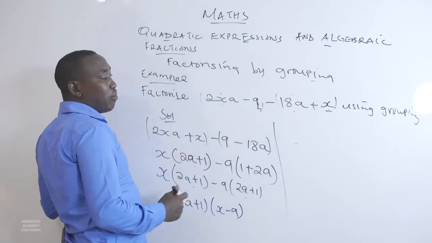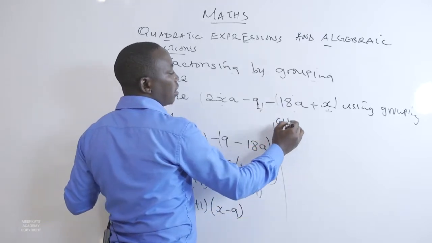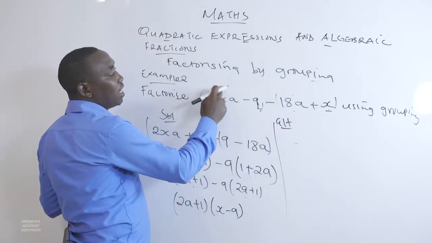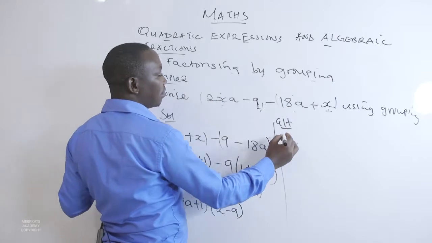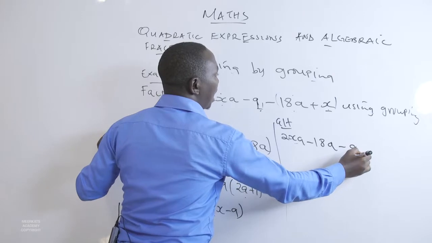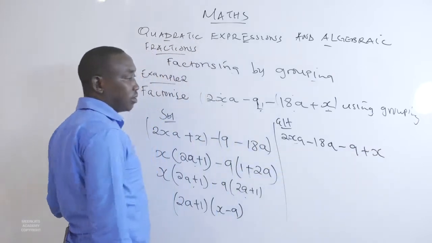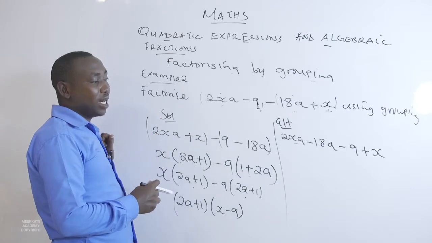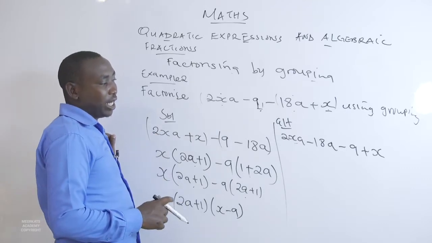Let's take the other point of view. If we now combine 2a and 18a, so we shall have 2xa minus 18a minus 9 plus x. That is another way in which we could have rearranged this particular expression.